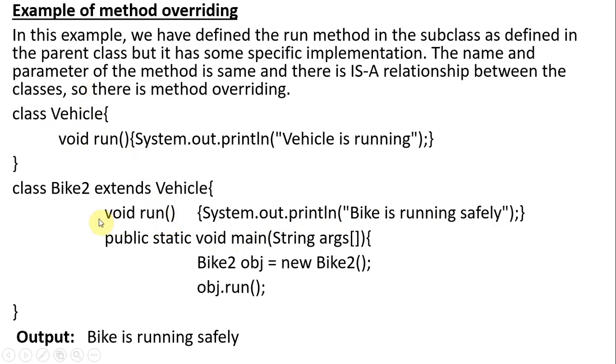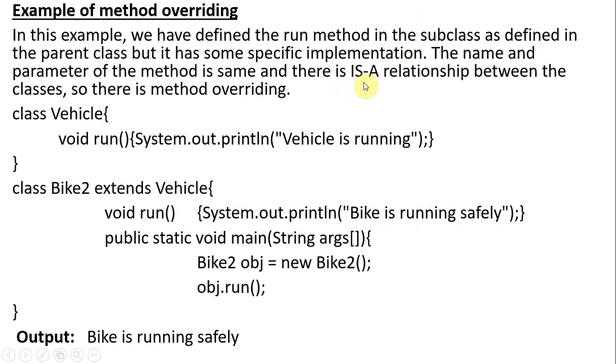There are no differences in return type, name of the method, or parameters. So method overriding is nothing but creating the same method in the subclass with the same name but a different implementation. So that is about method overriding.